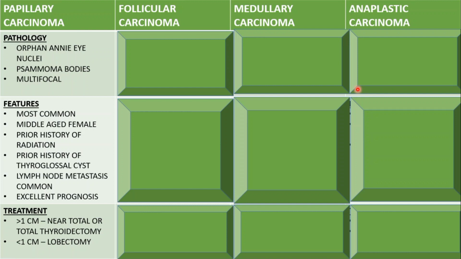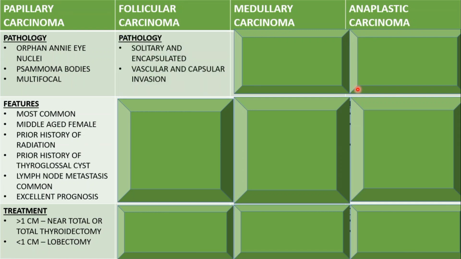Now, coming to the next type, the second most common type, follicular carcinoma of the thyroid. Pathologically, it is solitary and it is encapsulated. Usually, it has vascular invasion and capsular invasion.